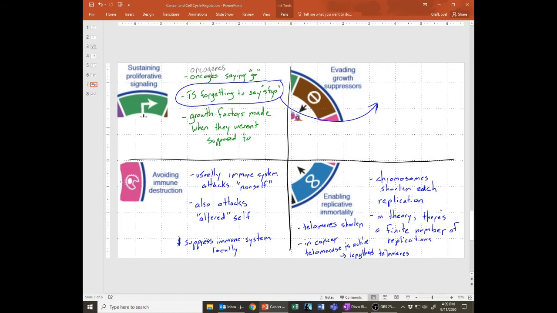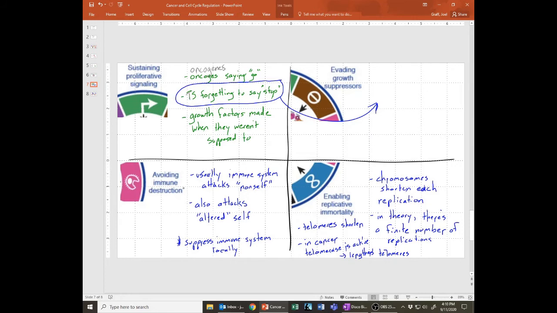Also, growth factors could be made when they weren't supposed to, or a nearby cell is going out of control and it's making some growth factors. I had initially put tumor suppressor, this is TS for tumor suppressors, forgetting to say stop, but that actually fits better into this evading growth suppressors category.